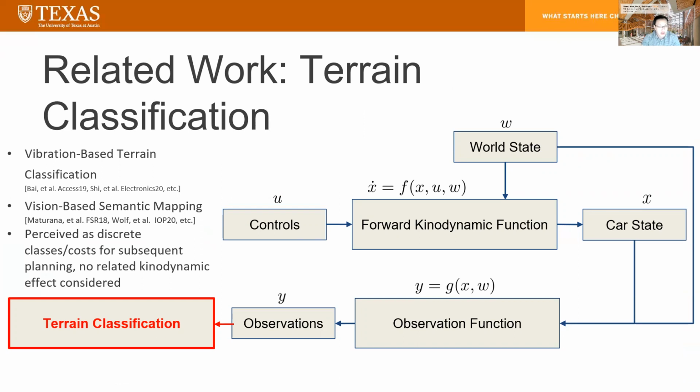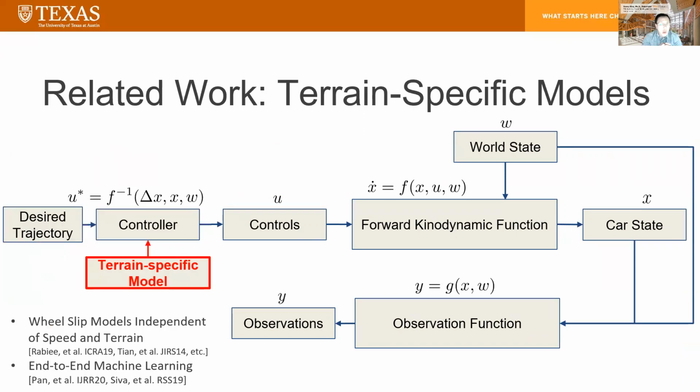Previous approaches have used, for example, vibration-based methods such as using IMUs, inertial measurement units, or using vision-based methods like RGB cameras to classify terrain into different, discrete types. When you know the discrete type of terrain you are driving on, you can use a terrain-specific model to feed into your controller to solve this problem.